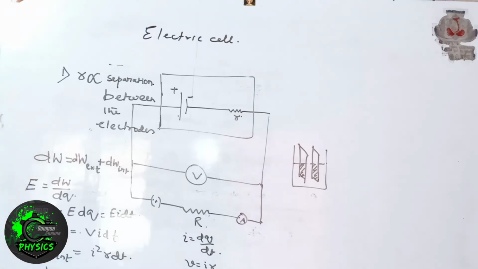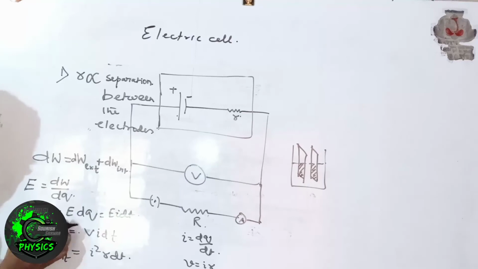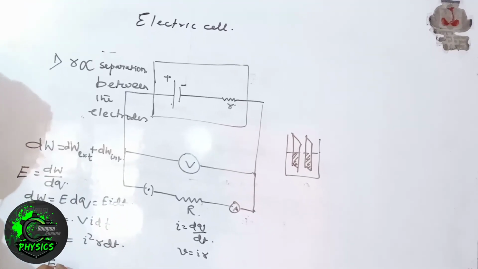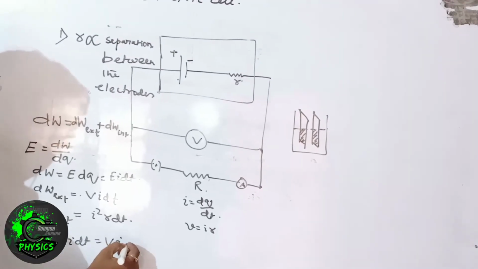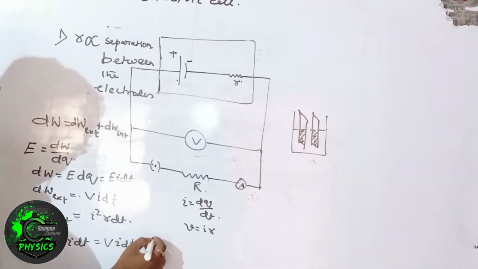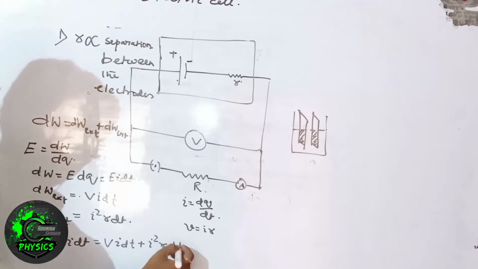Okay, so what is the equation we get now? dW is equal to dW external plus dW internal. If we put these values, then we get EI dt is equal to VI dt plus I square R dt.